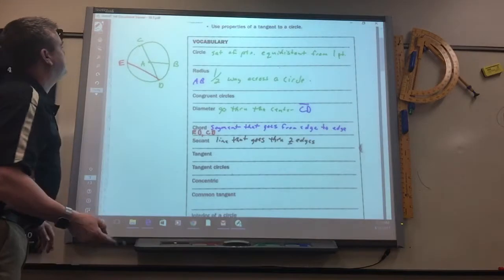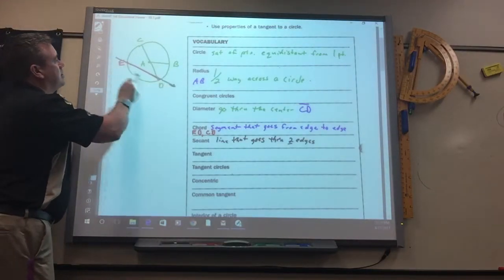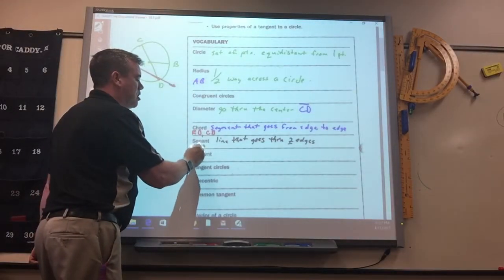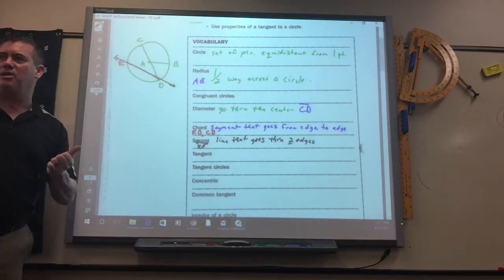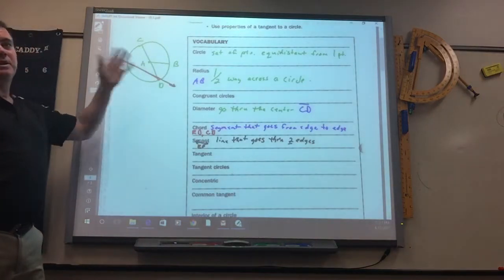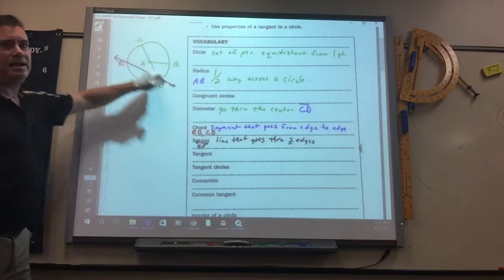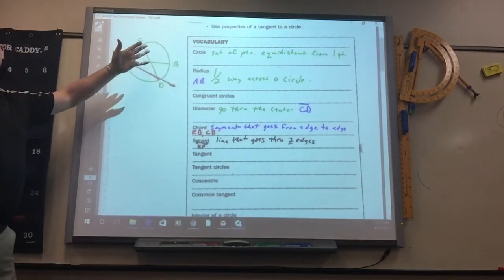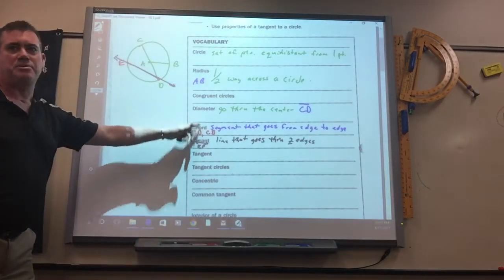So like, if I just extended this and made it a line, line ED, since it's a line, you've got to put the arrows above it to show that it's a line. Now, in this picture, segment ED is a chord, line ED is a secant. Even though it's the same two letters, if you label them differently, they represent different things.